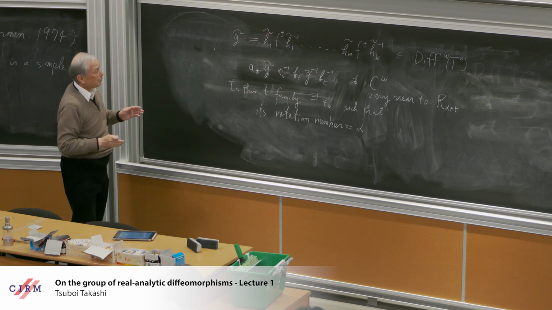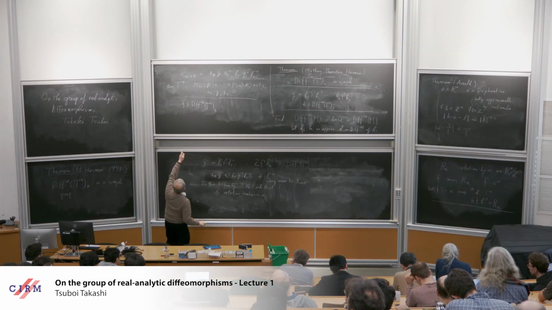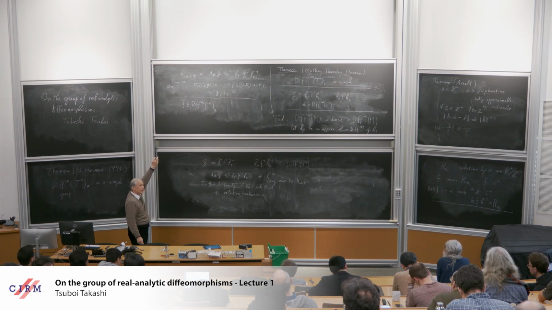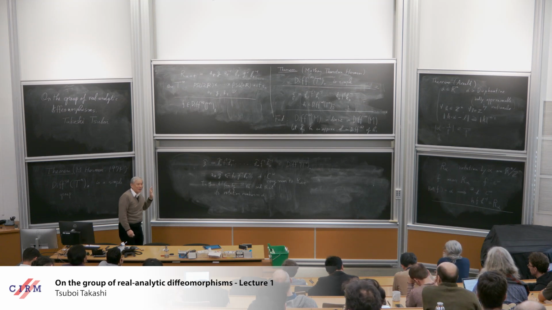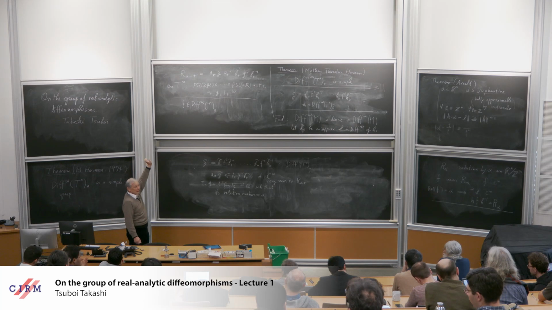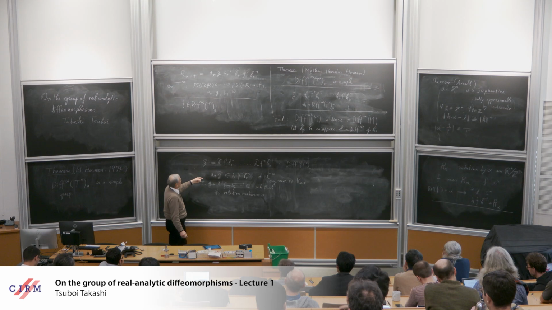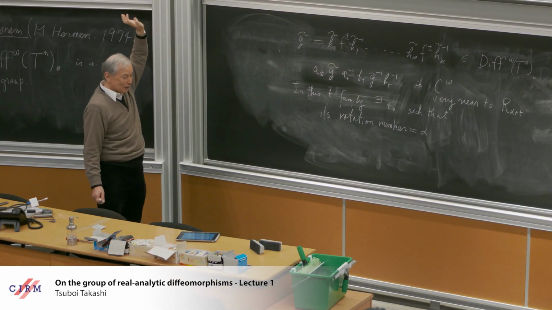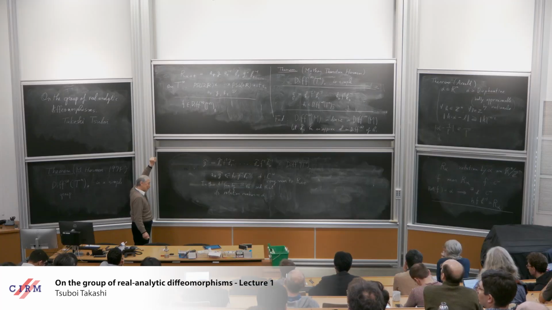Because I said it is R alpha plus t, and it is easier to think it is one-dimensional. At t equals 0, the rotation number is just alpha.